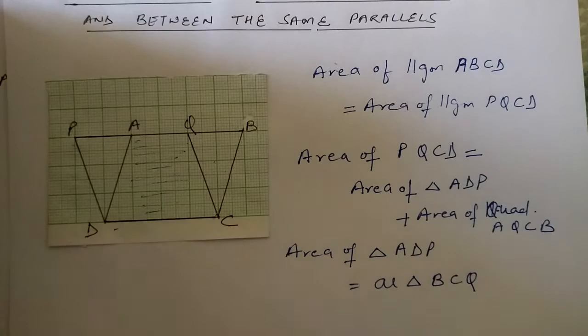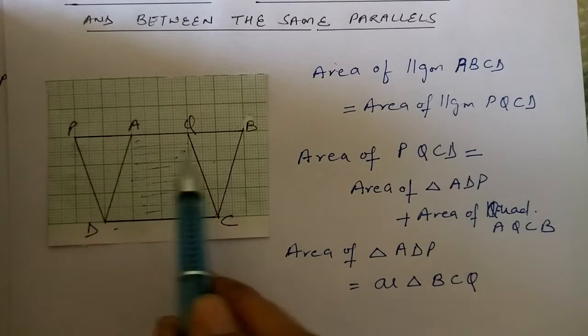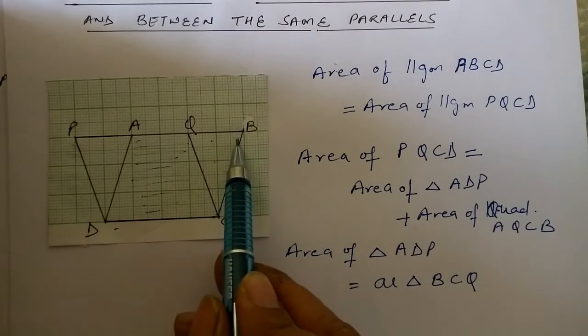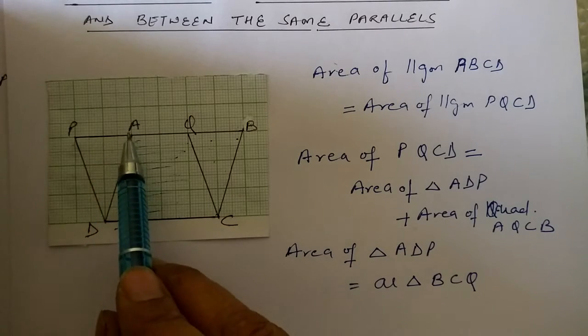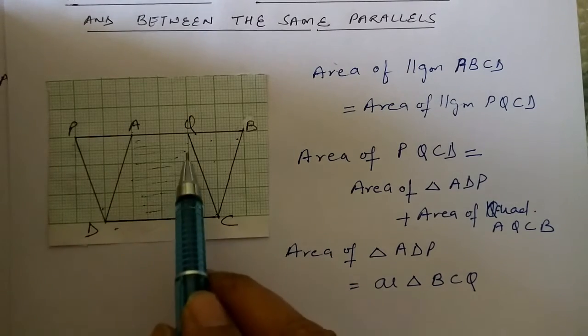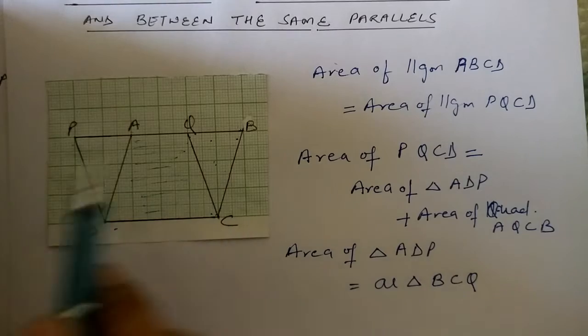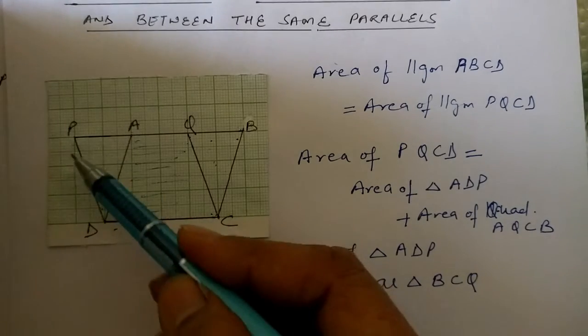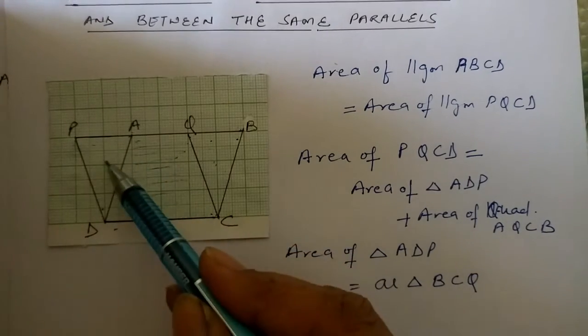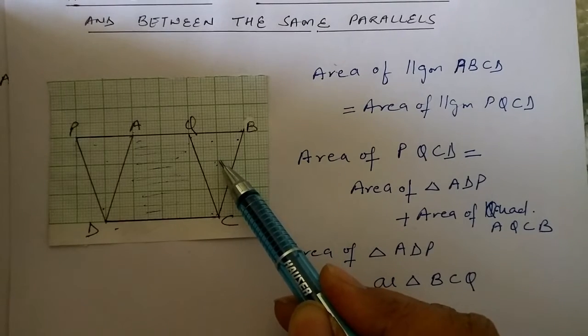If you see actually in the graph paper, the number of squares which lie in triangle PAB and triangle QBC are exactly the same. So if I take a cutout of this triangle, this will exactly overlap this.